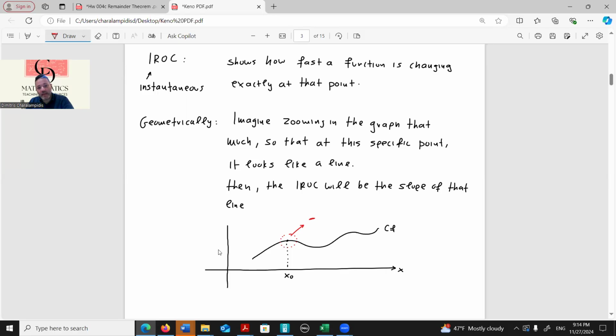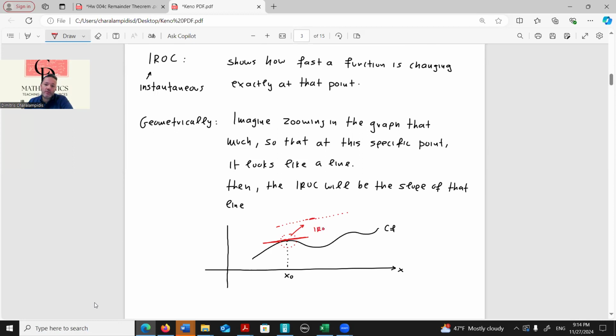The slope of that line would have been the instantaneous rate of change. So, in other words, you can think of that as the slope of the tangent at that point.